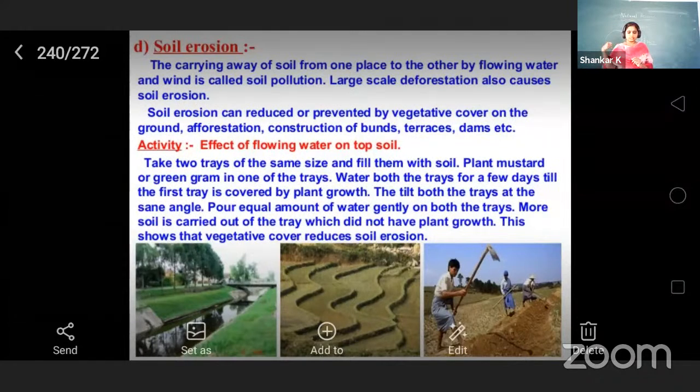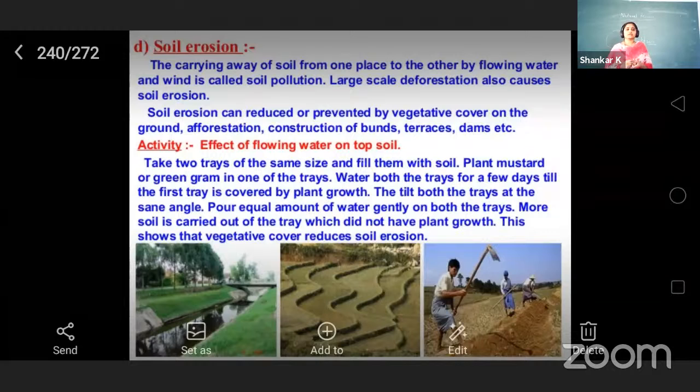The land becomes loose whenever you remove the roots of the tree or the plant. Deforestation is removing the trees where the forest is. If you remove trees on a large scale, it causes soil erosion.